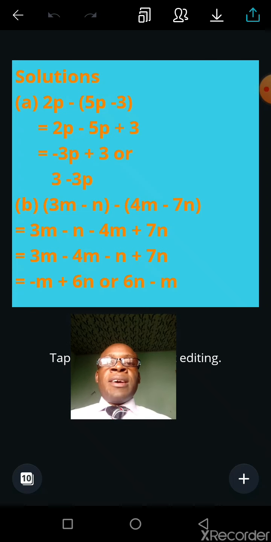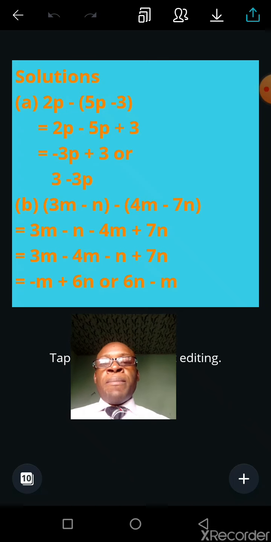We have equal to 2p minus 5p, because minus times 5p will give us minus 5p. Then we have minus times minus 3, we have plus 3, because minus times minus will give us plus. The next line is equal to minus 3p plus 3, or 3 minus 3p. You just rearrange it, but it's just the same answer.